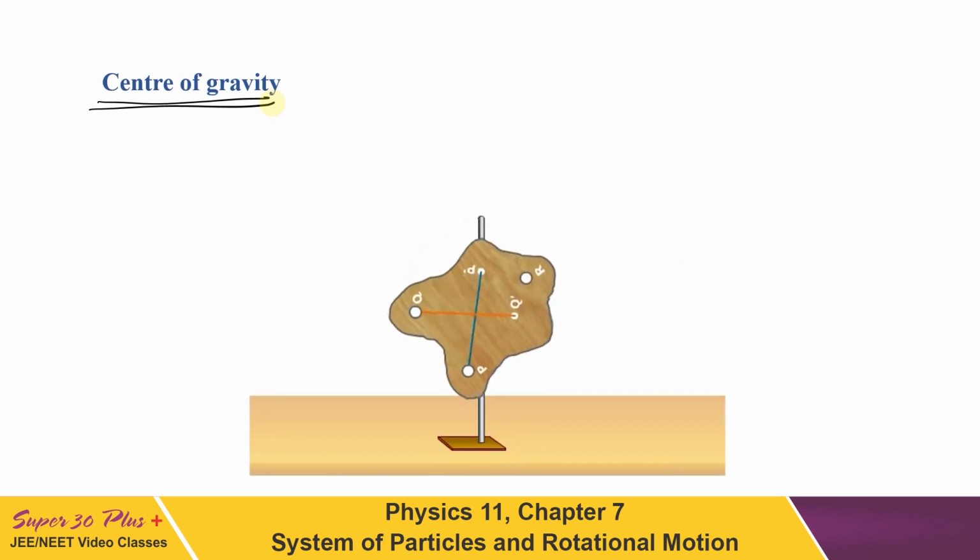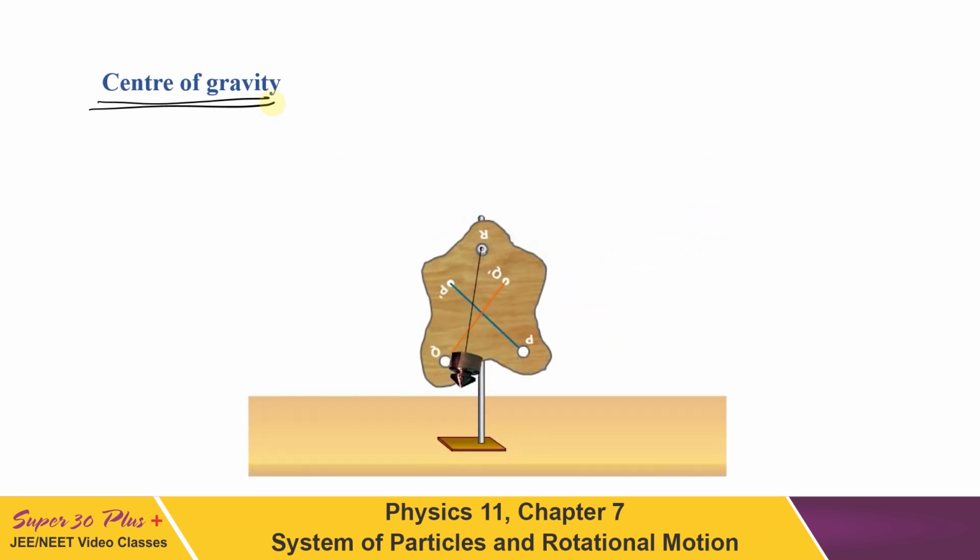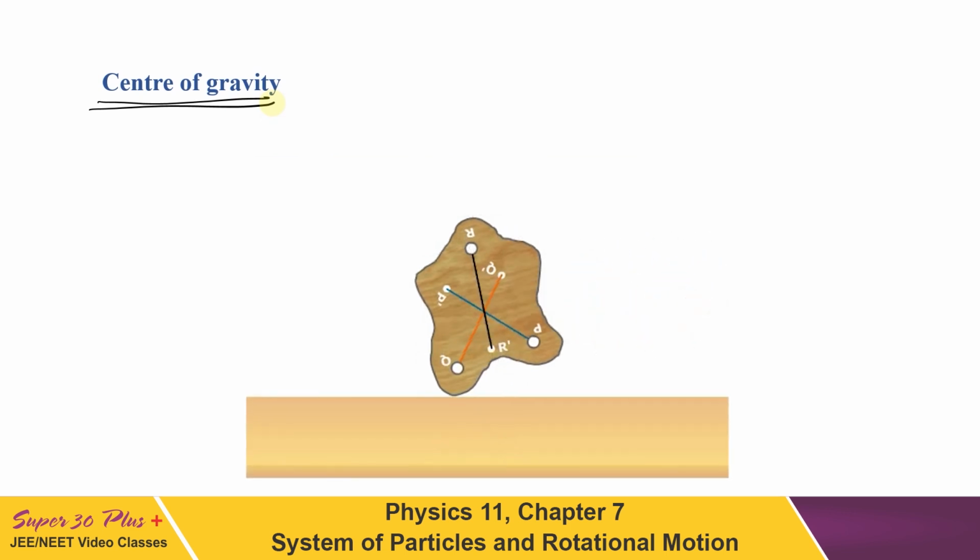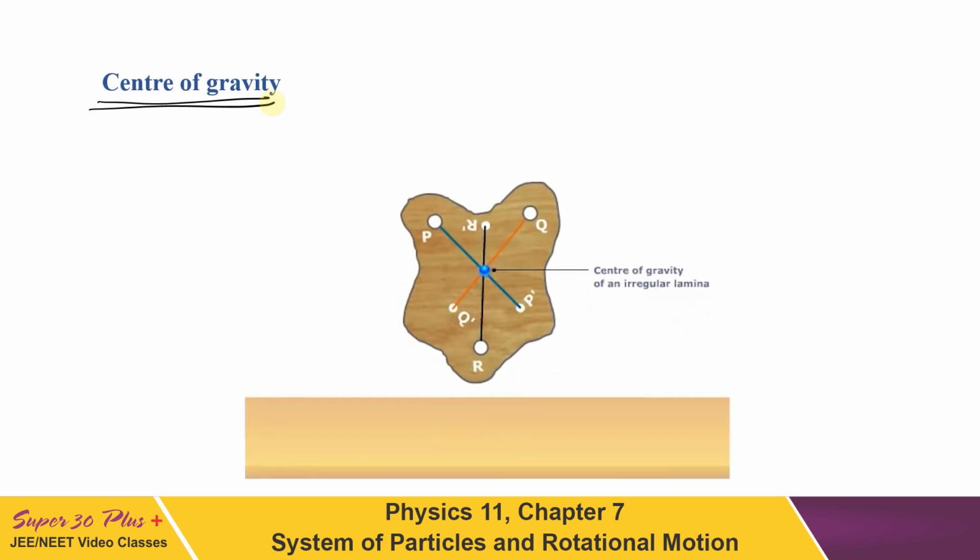So we can define it like it is a point where if we consider the whole weight of the body to be concentrated, then the same acceleration will be for the point as it is for the whole body under the application of the same force. So everything is identical except that this time mass has to be replaced by weight, and of course mathematically also it will have a similar kind of definition.